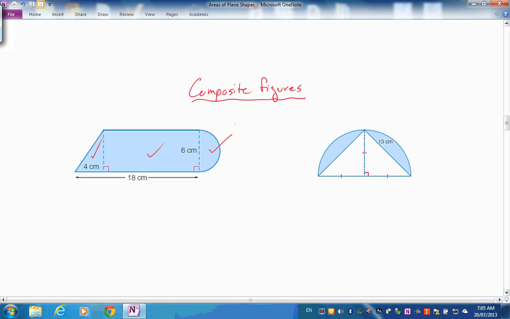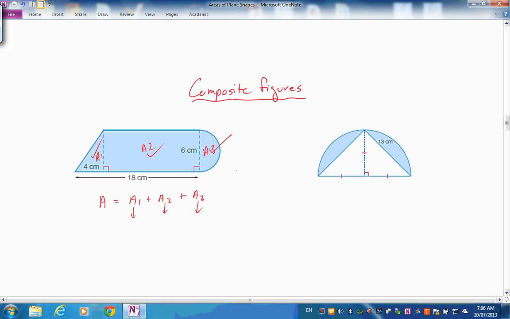Now, composite figures can be handled in two ways. I'm going to call this A1, A2 and A3. Probably the best way of doing this one is the area is the sum of these three added up. Then just go and do it: a triangle, a rectangle and a semicircle, half circle.